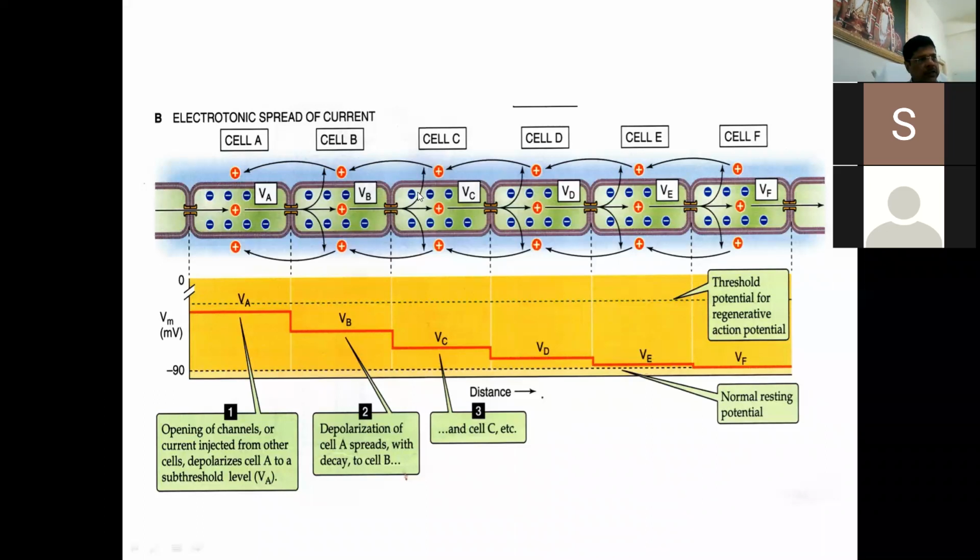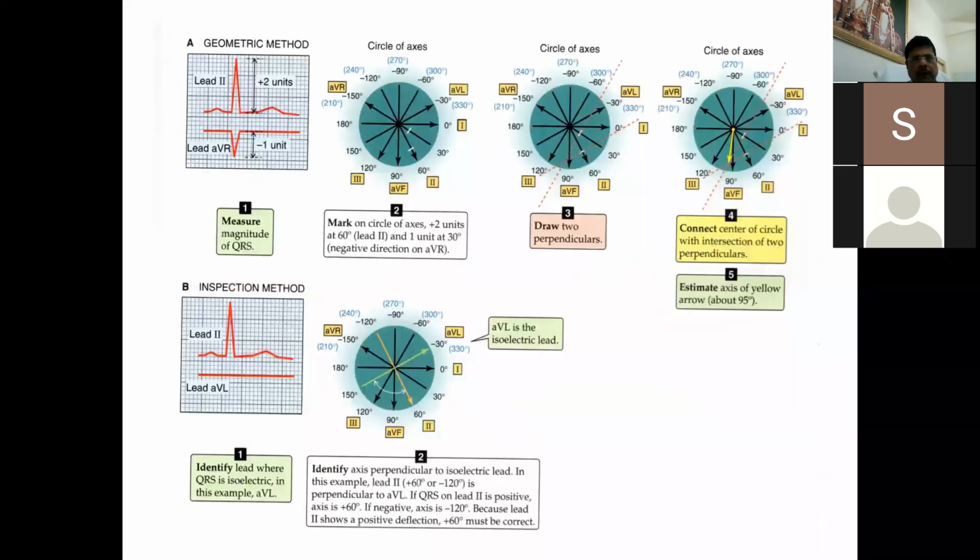So you have current flowing in two directions between two poles here. One is the part which is activated, the other is the part yet to be activated. And the extracellular current is the one which we are recording in the ECG, this extracellular recording. That is like a dipole. And many dipoles are there, all that I have told you. So this is the explanation for that.